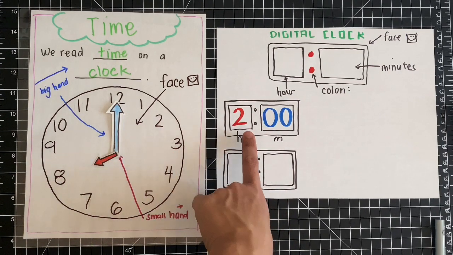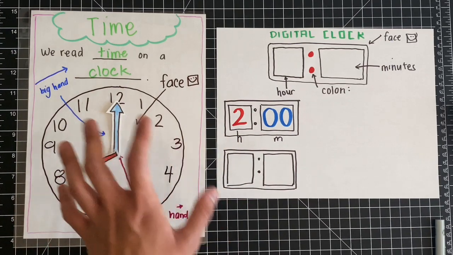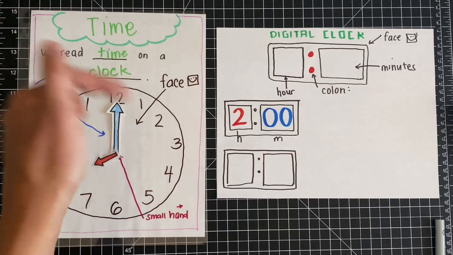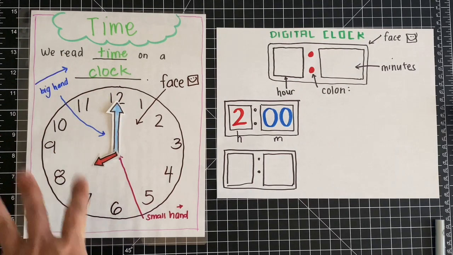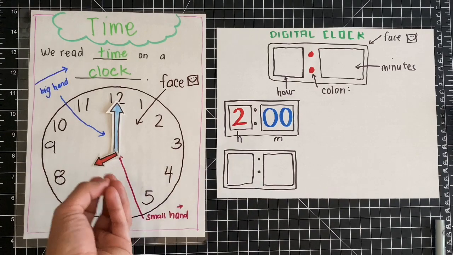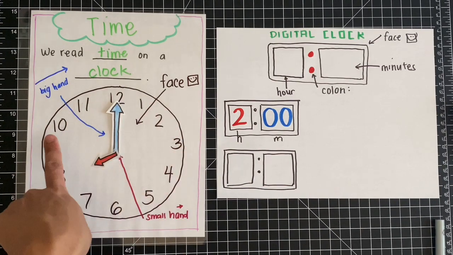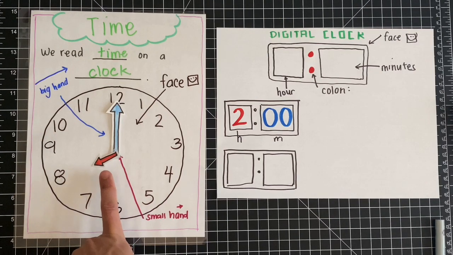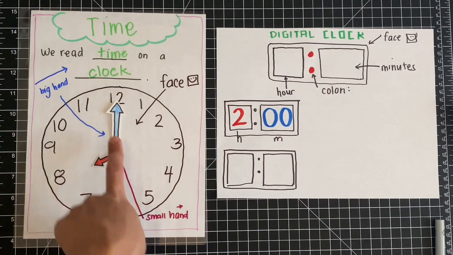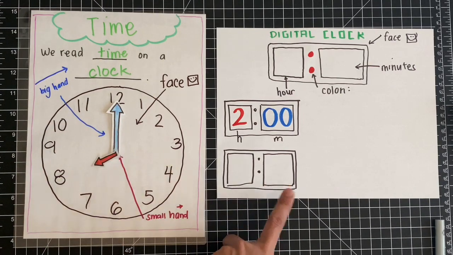We did one together already, but I want you and your families to do this one on your own and post a picture of your work in the comments below. I'm not gonna tell you the answer, but I'm gonna help right now. First, make sure you read the time on an analog clock. So first read the small hand, then the big hand, and then fill in the boxes here.